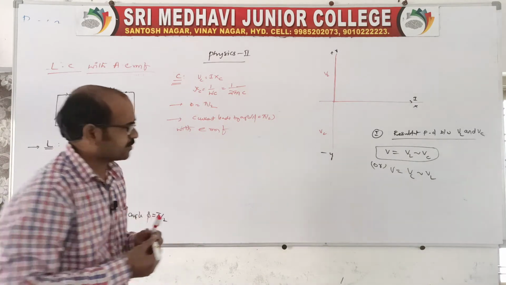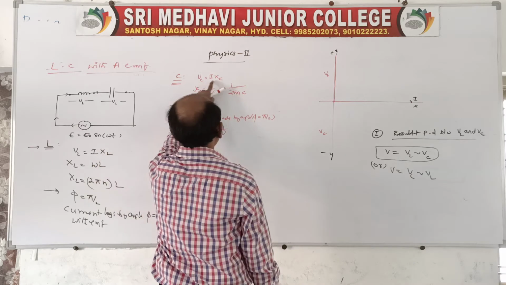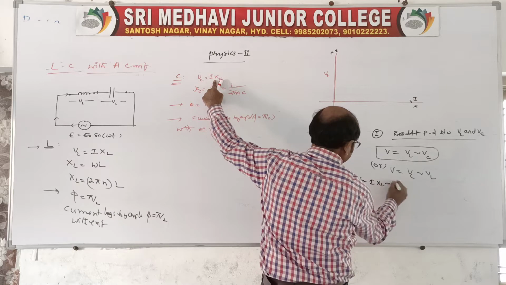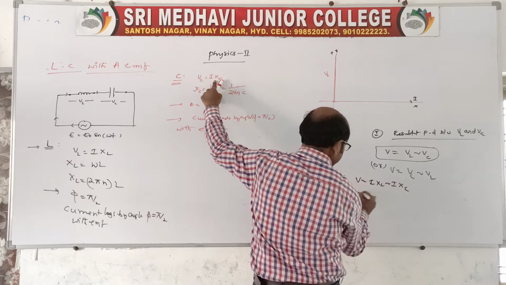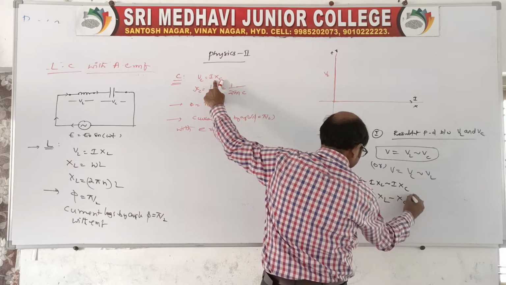Now we write VL, which we know is I into XL, and similarly VC is I into XC. So V is equal to I into XL minus I into XC; taking I common, V is equal to I into XL minus XC.